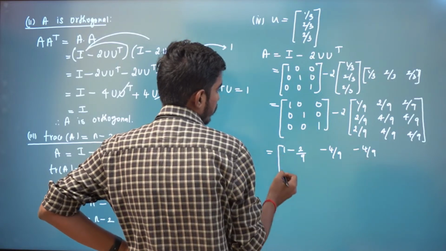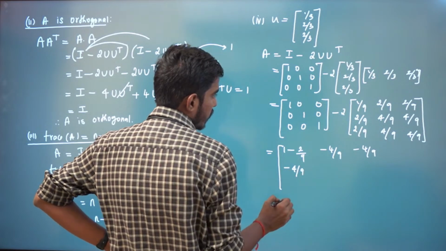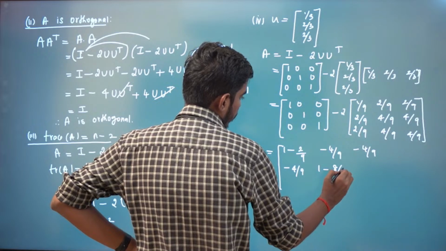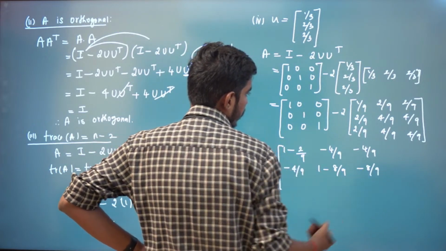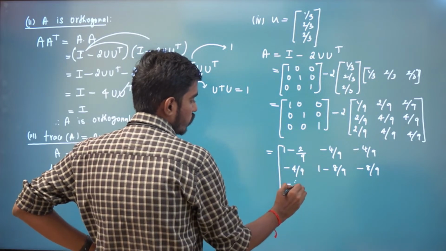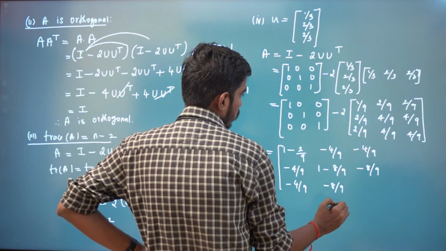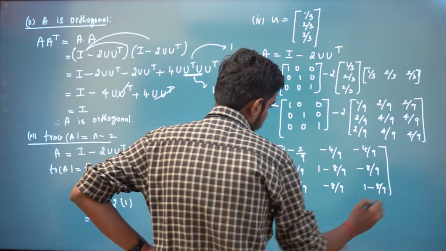Then 0 minus 4 by 9, 1 minus 8 by 9, 0 minus 8 by 9. And then 0 minus 4 by 9, 0 minus 8 by 9, and 1 minus 8 by 9.